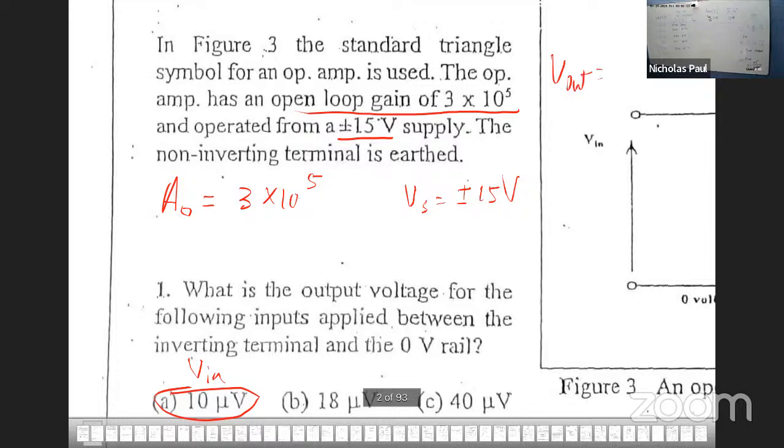V out is what? Open loop gain by the input. Gain is how much? 3 by 10 to the 5. Times 10 micro, 10 to the minus 6. How much is that now?